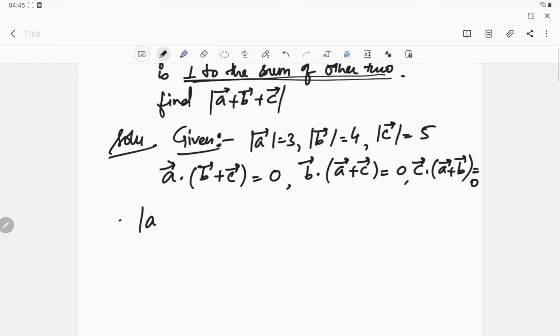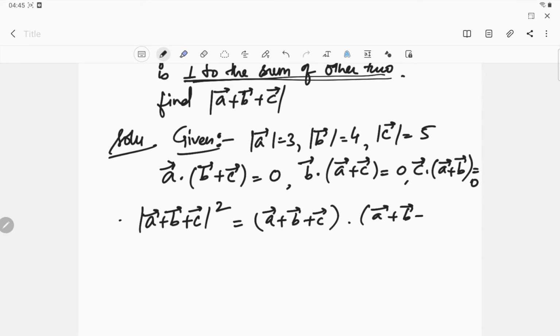So we are to find the magnitude of A plus B plus C. Rather, we are finding the magnitude square, and it's one of the properties of the dot product that the magnitude square of any vector is the dot product of the vector with itself. So we can write A plus B plus C dot product with A plus B plus C. Now we are going to do the dot product.